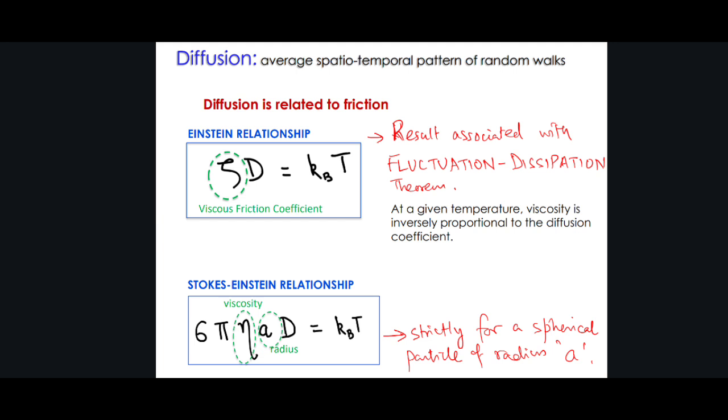Viscosity is slowing you down, right? The product of these two is, what is kT? What is on the right side? The extent of thermal energy available to you. All right. So again, I hope some of you will realize that I can put RT also here. But then I have to put molar units of the viscous friction coefficient and all this.